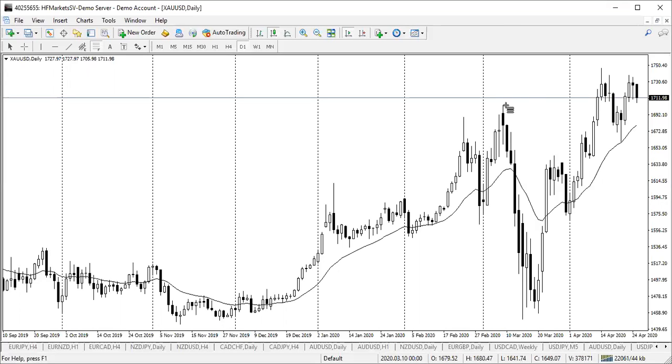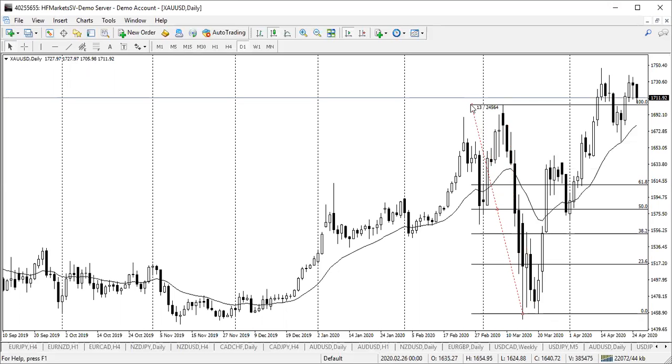As I can see, the month before this current month is what I'm going to be placing my fib on, and then swing high to swing low, because that's what I can see.